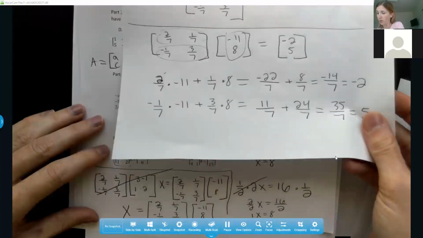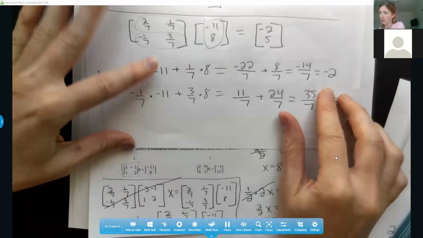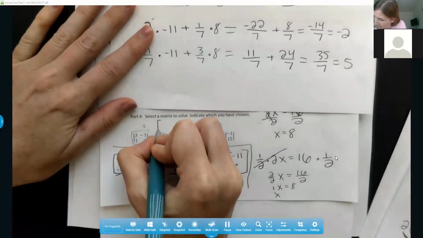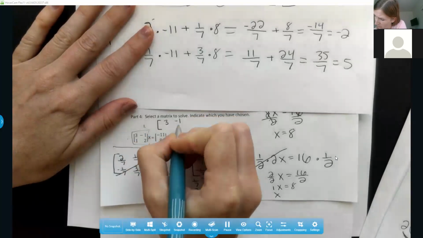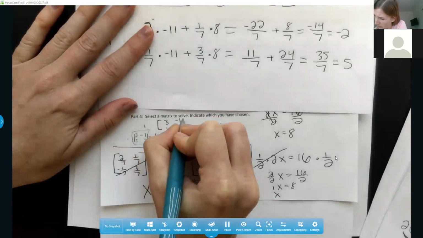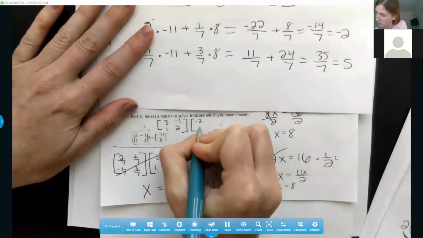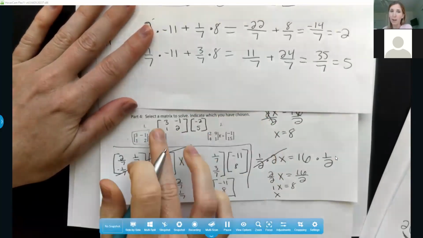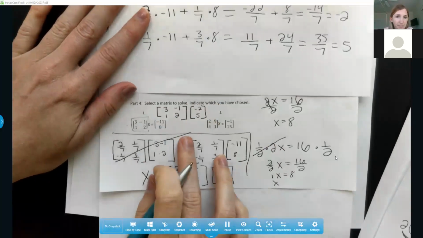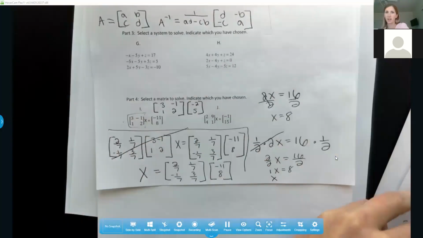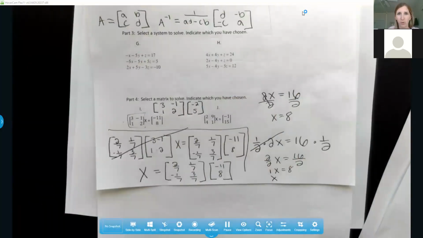All right, so if we did it right, then we go back to the original problem. If I take this matrix 3, -1, 1, 2 and multiply it by the answer that we got for x, which was -2, 5, what should I get? -11 and 8. Perfect. So let me go back to that calculator and make sure we did it right.